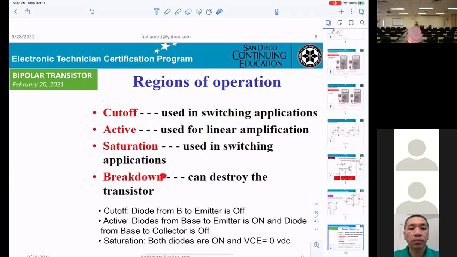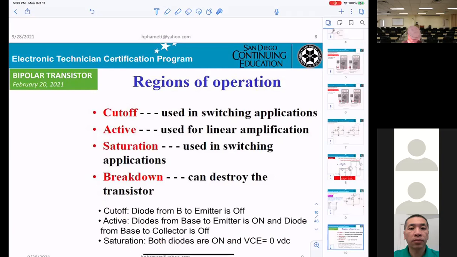Last one, breakdown. Breakdown, we don't want that. That will destroy the transistor. That means sometimes you connect power too high and it will cook the transistor. Okay. And also a little here, they try to explain what happens in the cutoff, active region, or saturation.